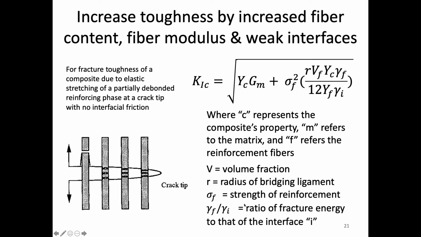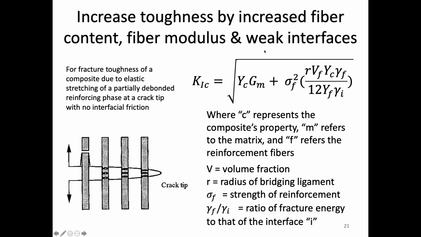And so what we see is that there's a number of ways that we can increase the toughness. So we can do it by increasing the amount of fibers we put in. So that's the volume fraction of fibers. We can increase it by increasing the fiber's modulus, so using a material that has a higher elastic modulus. And here's the last one.